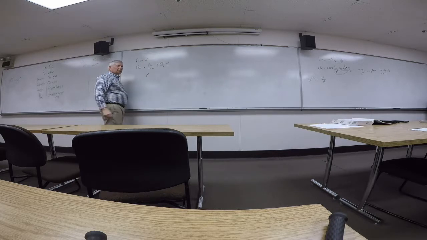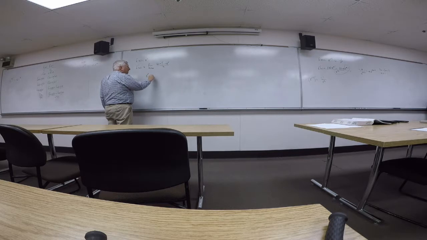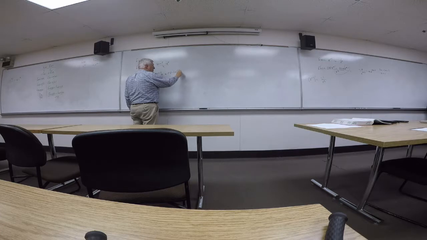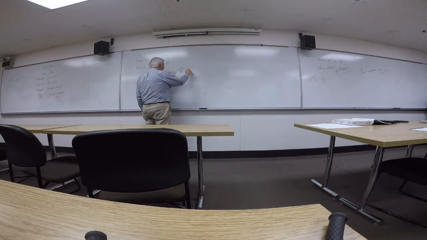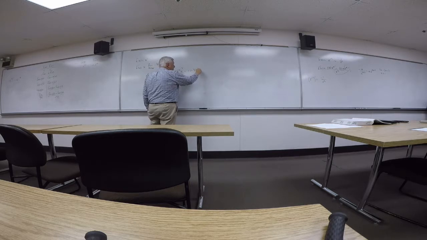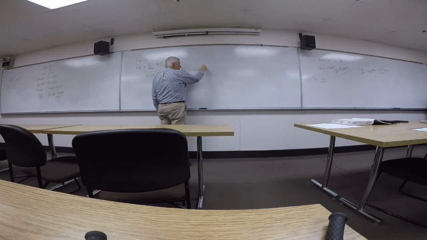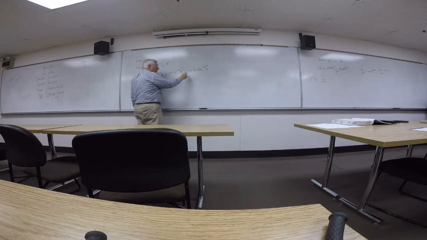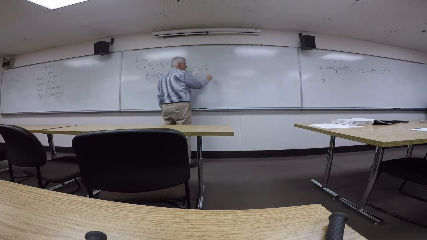X to the r plus r times x to the r minus 1 times h plus r times r minus 1 times x to the r minus 2 h squared plus r times r minus 1 times r minus 2 times x to the r minus 3 h cubed. And these have denominators: 0 factorial, 1 factorial, 2 factorial, 3 factorial, plus and so on.